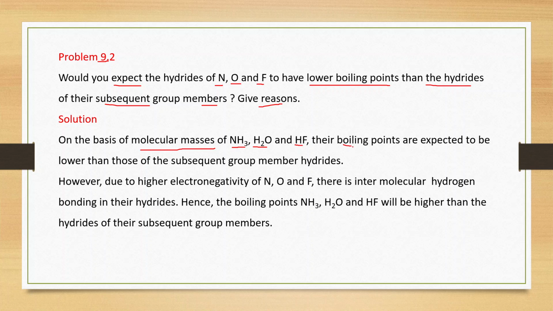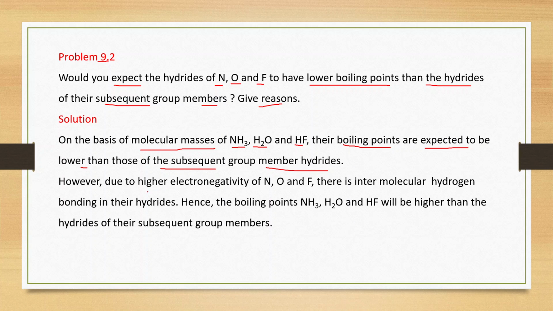So their boiling points are expected to be lower than those of the subsequent group member hydrides. Clear? Because these hydrides are covalent molecules, the van der Waals force exists between these molecules. Van der Waals force depends on the molecular mass. The higher the molecular mass, the higher the magnitude of van der Waals force. According to this, NH3, H2O and HF must have lower boiling points.